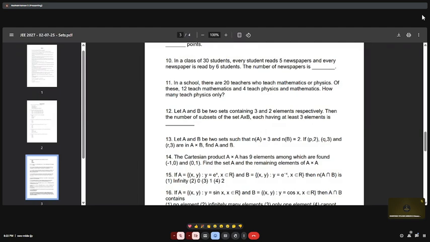Now let's look at problem number 10. In a class of 30 students, every student reads 5 newspapers and every newspaper is read by 6 students. So how many newspapers are there?